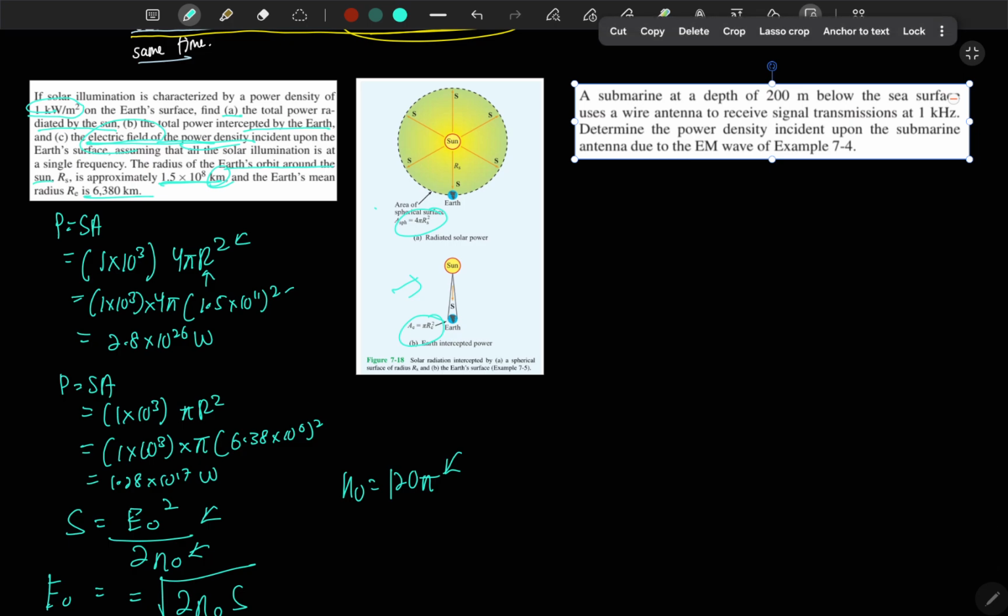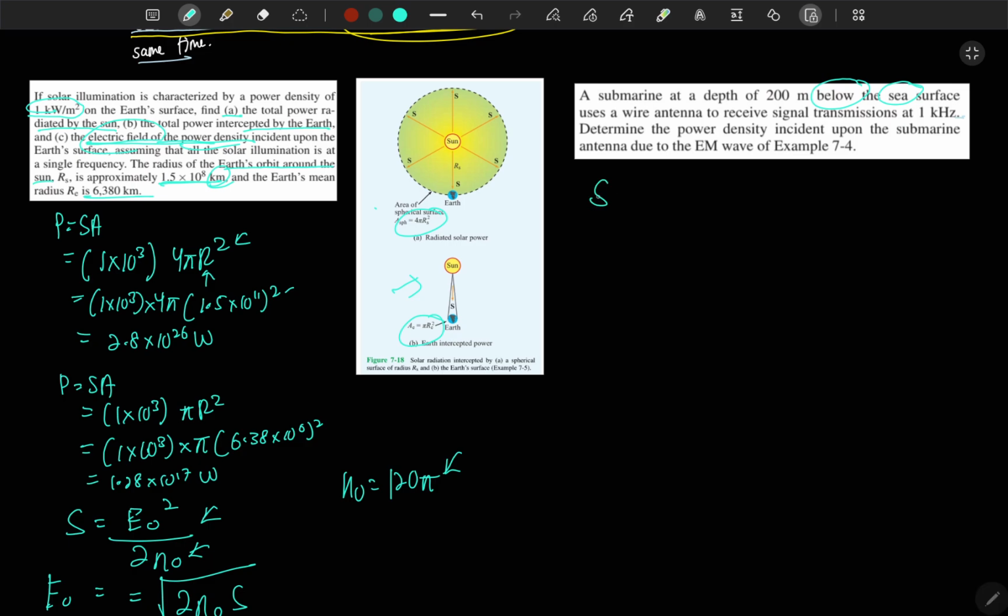Now we have this, it's just the same but with a minor augmentation. They said sea surface and it's below. Now sea surface is a lossy media. If air, it's lossless media. Sea, can it conduct electricity? Yes, so it's lossy.